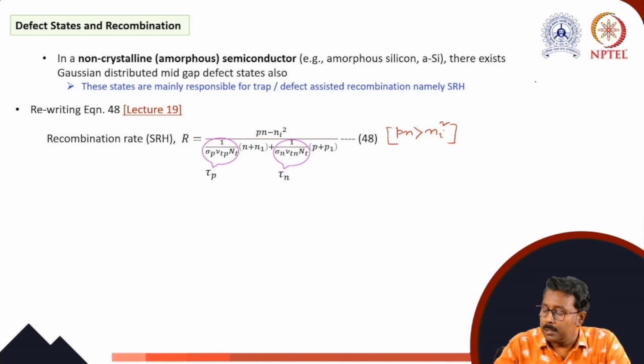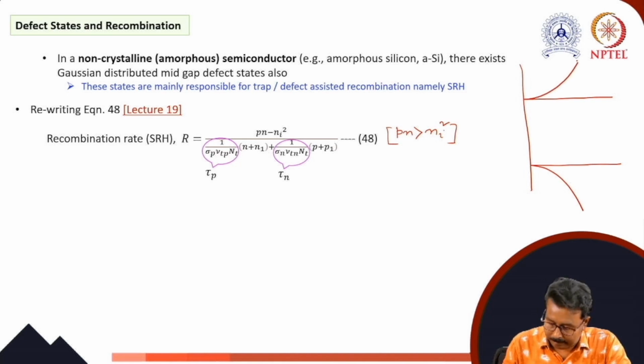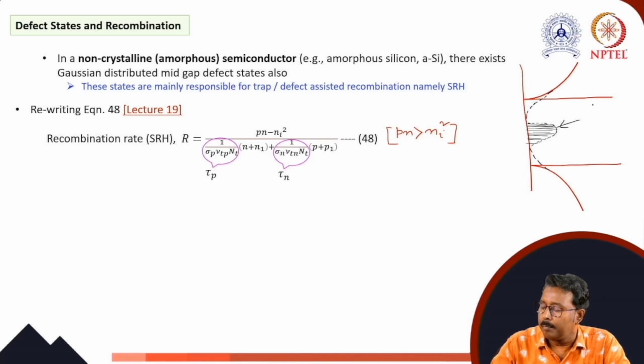And the states I want to mean are the Gaussian distributed mid-gap states.